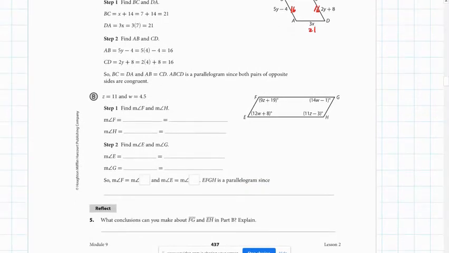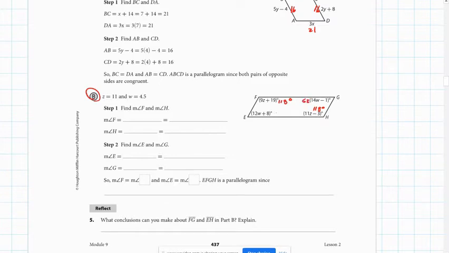Same idea for problem B. If you plug in z equals 11, this angle would be 118 degrees. Then this angle would be 121 minus 3, which is also 118. And if w is 4.5, 14 times 4.5 minus 1 is 62.